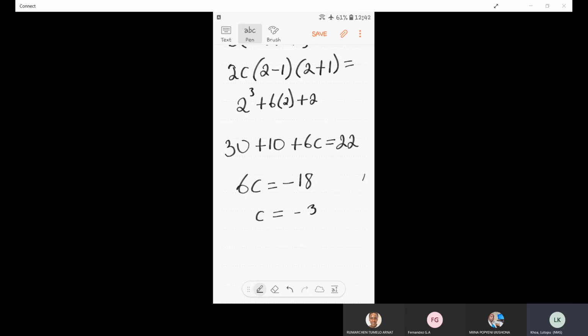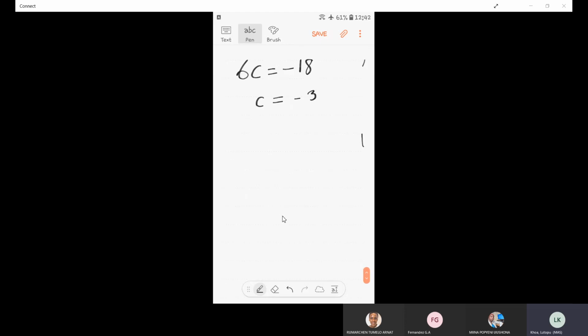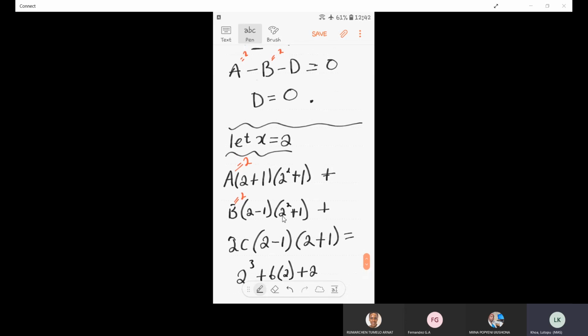After you have those values, what you can do is substitute them back. Let me just see if I've done this correctly. It's 30, 22. Okay, looks fine. Then you can just rewrite them in the form of A, B, and C.